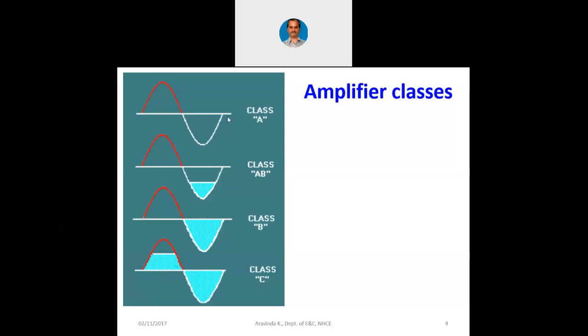In the sense, the device which is used inside the amplifier is going to work for both the cycles. Till now, whatever amplifiers we have seen, they all come under class A only. But we did not discuss them as power amplifiers till now.